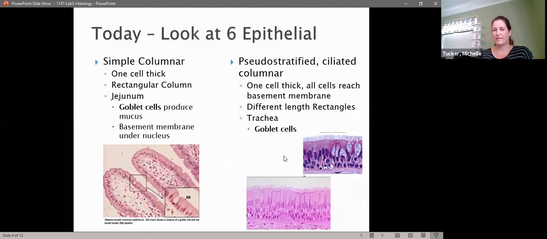We're really trying to emphasize the ciliated feature in pseudostratified tissue. The nuclei don't line up nicely. Pay attention and look for the cilia, and it's found in the trachea.